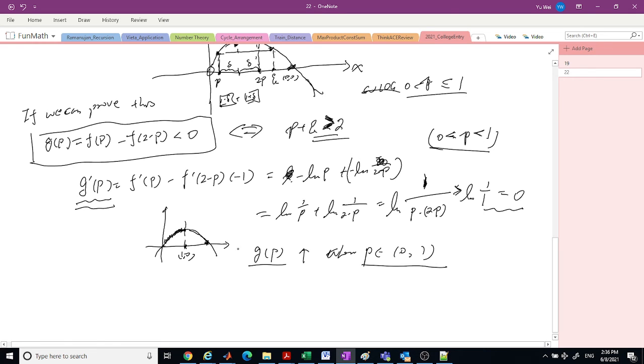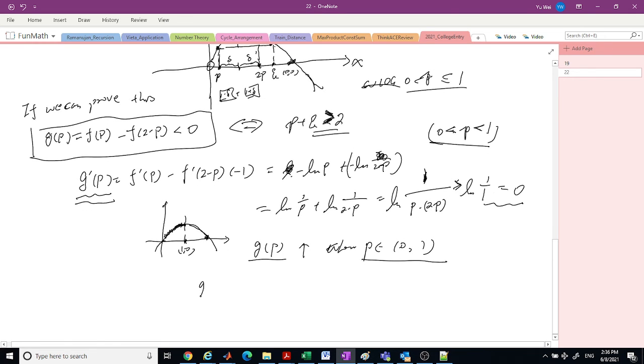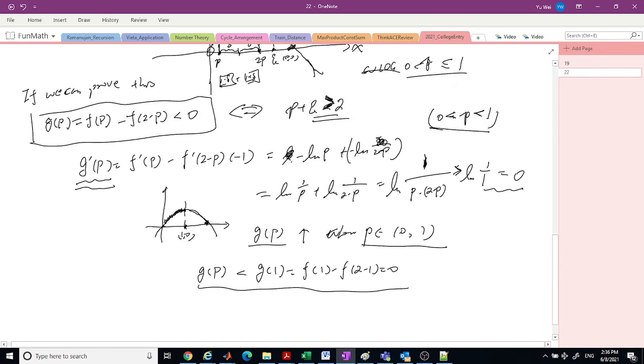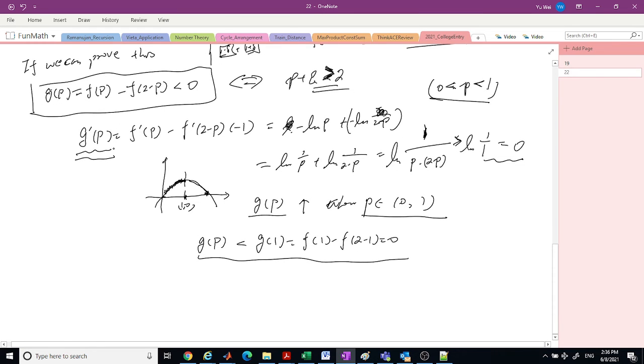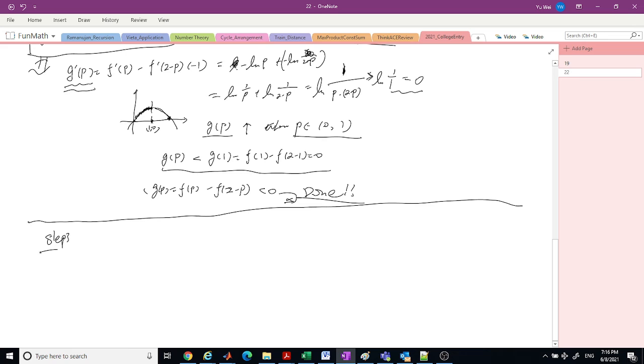If g is increasing, then g of p should be less than g of 1, which is f(1) minus f of 2 minus 1, which is 0. So g of p is less than 0, right? That is exactly what we want to prove: g of p equal to f(p) minus f(2 minus p) less than 0.